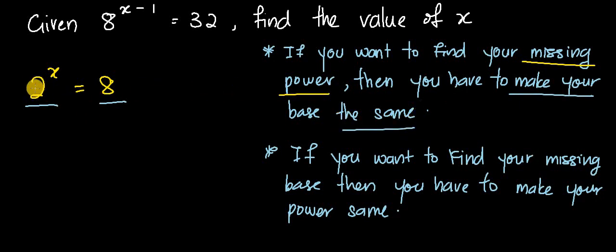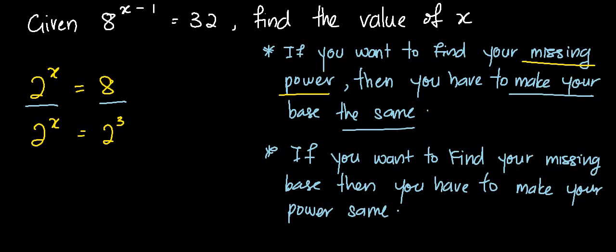So we know 2 is already a prime number. You can't go smaller than 2. But we know 8 has a connection with number 2. So 8 you can make into base 2. So in here, how am I going to solve it? I know 2 power x is also equivalent to, how can I get 8 into base 2? I know that 2 power 3 gets me 8.